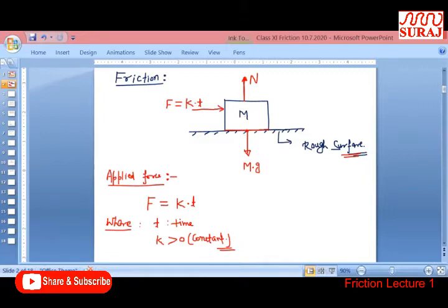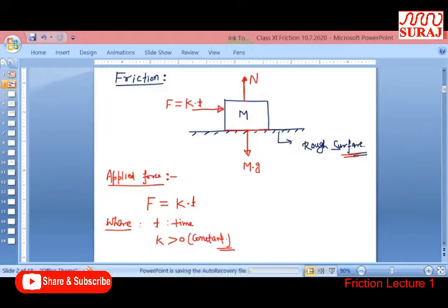Now what happens when you apply the force? You have tried these things many times even in your classroom. When you play with the benches with your classmates, you push the benches, and what you feel is that it takes some effort, or the surface opposes the motion. You feel the surface is opposing the relative motion.